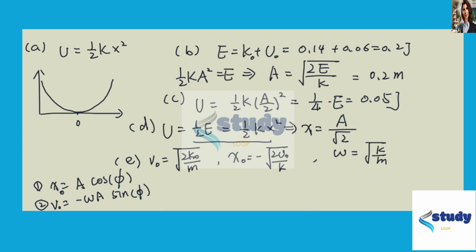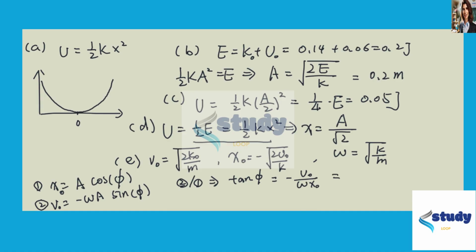We use equation 2 to divide equation 1. So 2 divided by 1, we can have the tangent of phi equal to negative v naught over omega x naught.